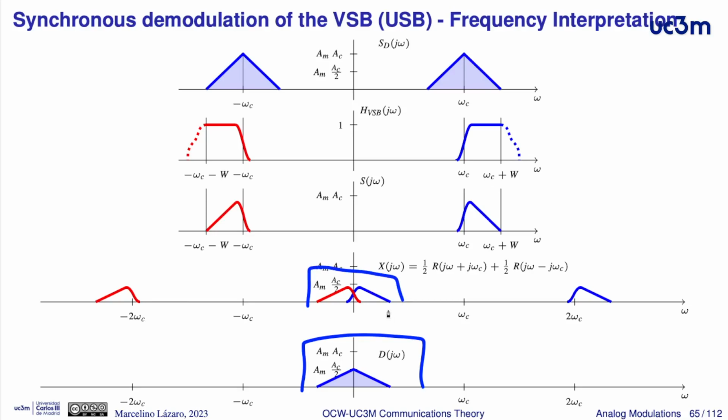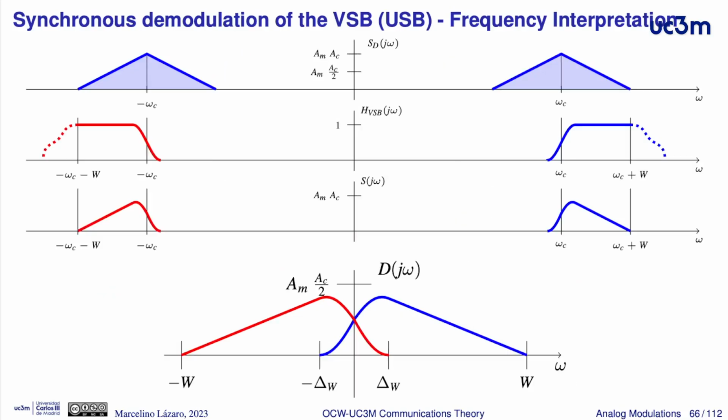If now we focus on this part, it is evident that to recover the spectrum of the modulating signal, the part that is missed here, that corresponds to this part in the upper sideband, must compensate with the part that is in excess, here the vestige that we have here in the lower sideband.